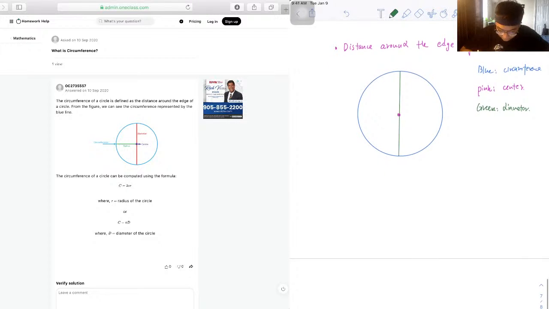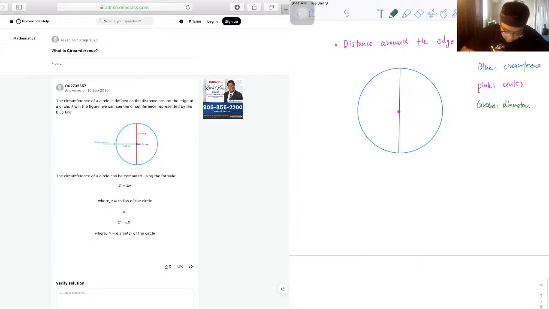And half of the diameter will be our radius, which means it is the distance from the center to the edge. And there are an infinite number of radii in every single circle. So this can also be a diameter.